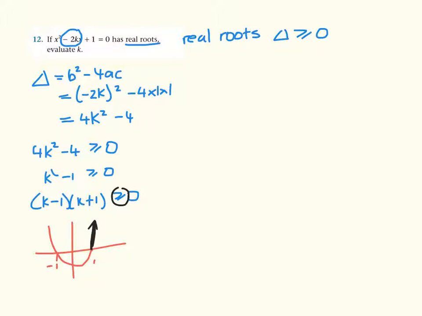So it's these bits here. And we want the values of k. So k must be less than or equal to negative 1, or k must be greater than or equal to 1. So the trick with this question is to start off with the fact that the discriminant is greater than or equal to 0 and follow through even though you have to do a quadratic inequation.